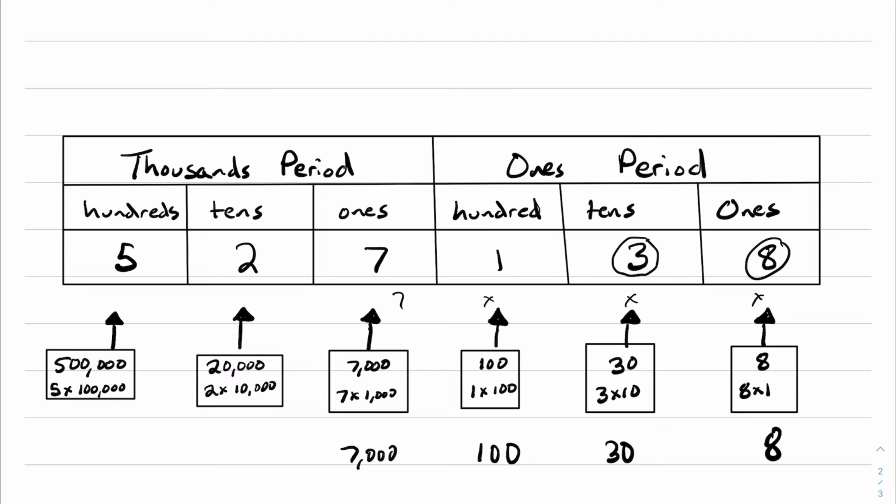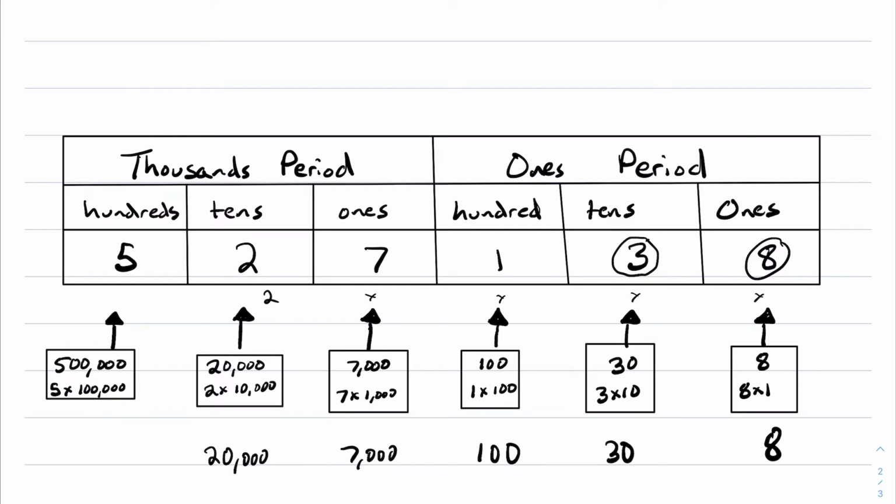We can do that again with our 2 here in the 10,000s place. We look at our 2, and it's followed by 4 digits, 1, 2, 3, 4. So we know we're going to be multiplying it by 10,000. So we do 2 times 10,000, and we get 20,000.